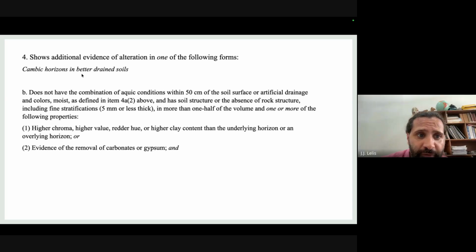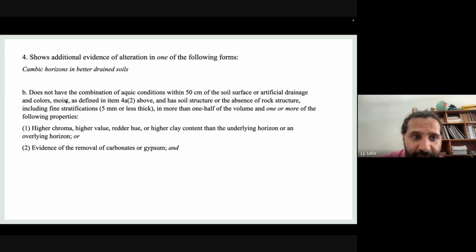Or in soils that register better drained conditions that are not flooded or don't register aqueous conditions. They do not have aqueous conditions in the first 50 centimeters of the soil surface. They are not artificially drained, okay?